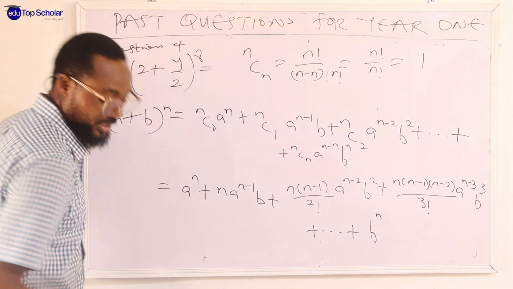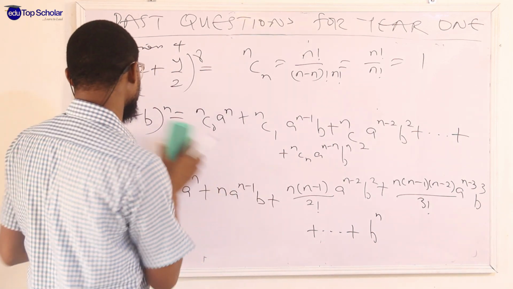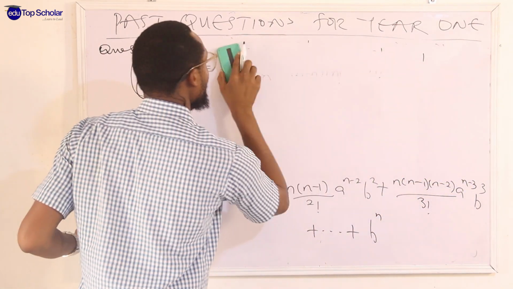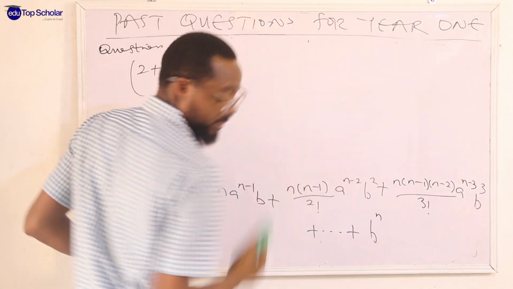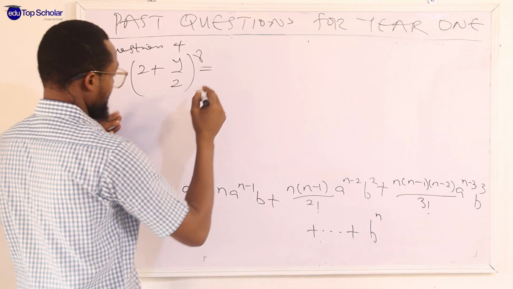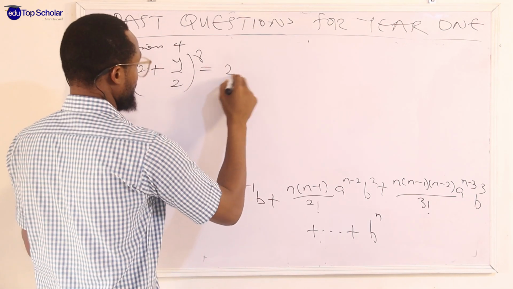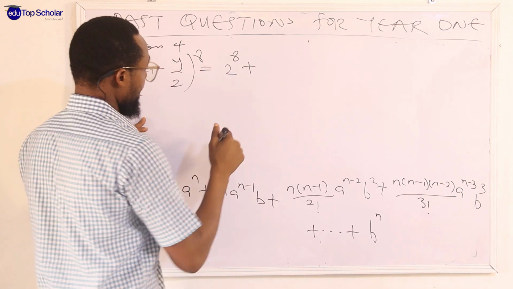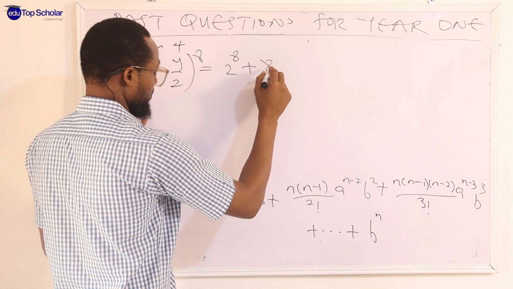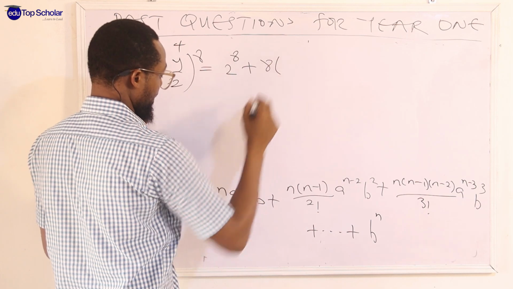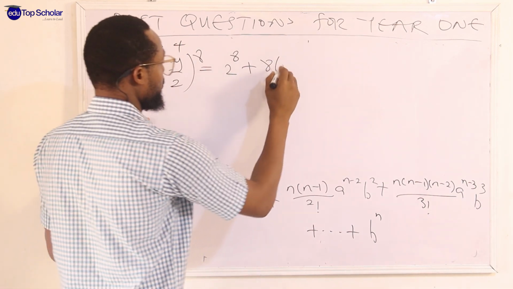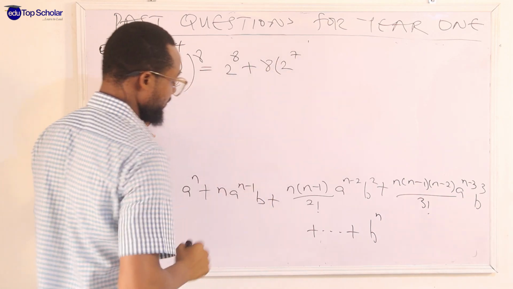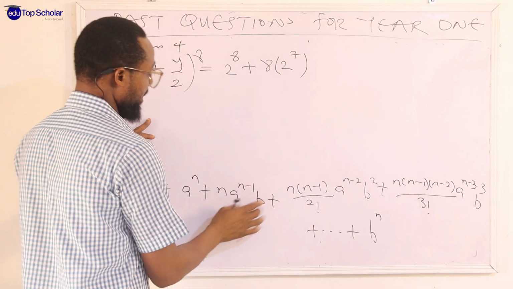Therefore, using this expansion, we have for the first term 2 raised to power 8, plus n, which is 8, multiplied by our a, which is 2, raised to power 8 minus 1, that is 7, multiplied by what is our b?